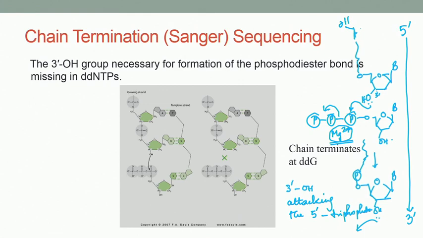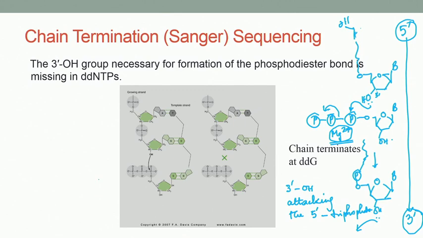Okay. So, this is the job of DNA polymerase. The important thing is that the direction of the synthesis takes place from 5 prime to 3 prime, and while doing so it is the 3 prime OH attacking the 5 prime triphosphate. Now, what did Sanger do?